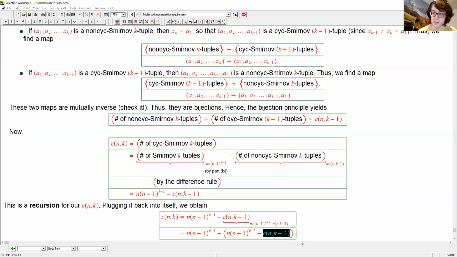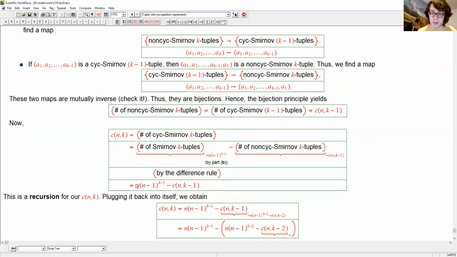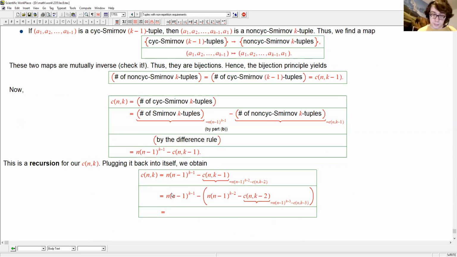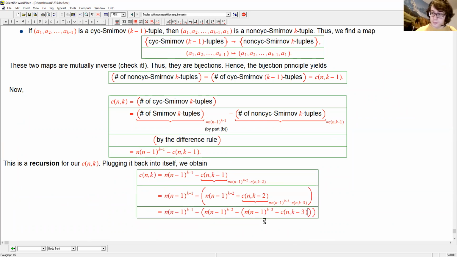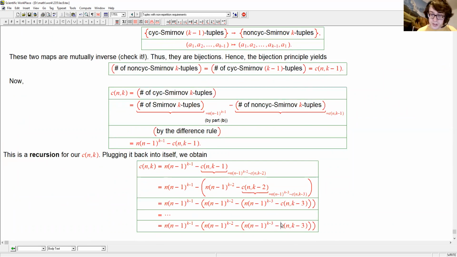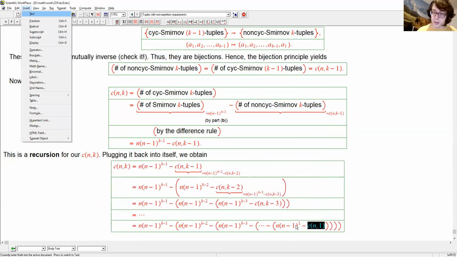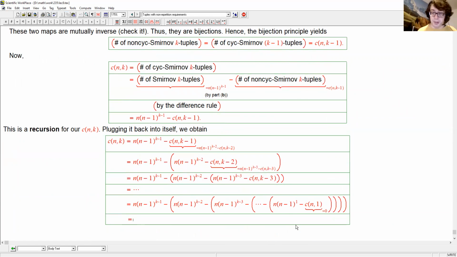Now you have C of n, k minus 2, so you can plug the recursive formula into it, and then you get this here. All right, and so on. You can keep doing this until you go down to C of n, 1. So here is how it looks in the end. And C of n, 1, as you know, is 0, because there is no 1-tuple that's 6 Smirnov.